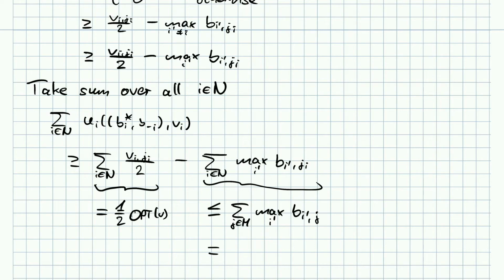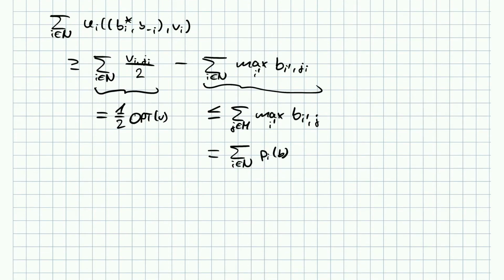And this is nothing but the sum of the payments in our mechanism. So overall, this will be at least a half times the optimal social welfare minus the sum of the payments. And this is exactly what smoothness requires from us.